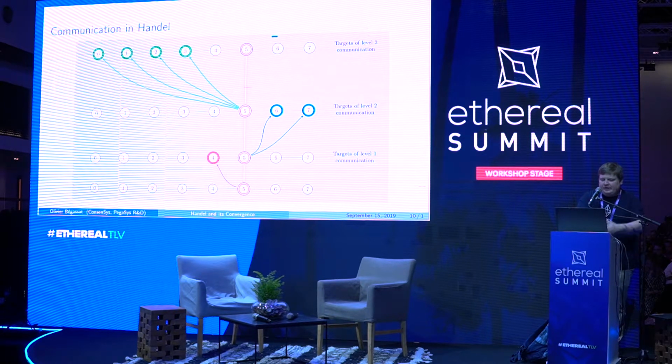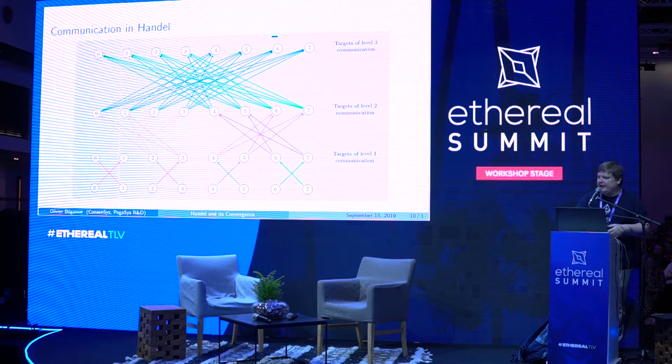So if you take all of these graphs together, you get a very nice, very large graph, which is a directed graph, because communication is always one way in Handel. And this is the graph of all potential communications. In this graph, everyone can actually talk to everyone else, but of course Handel tries to minimize the actual amount of communication that's happening.